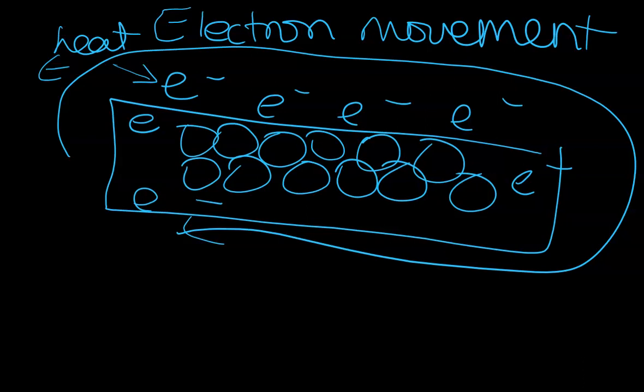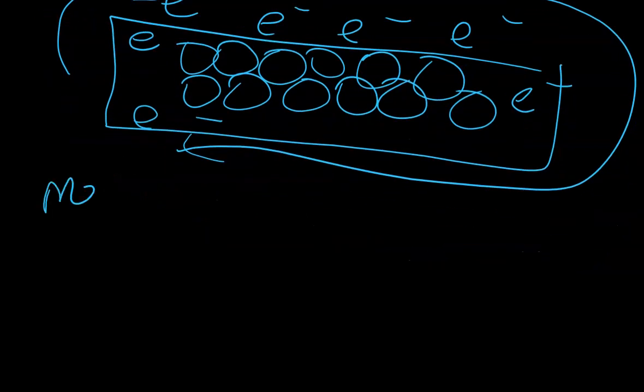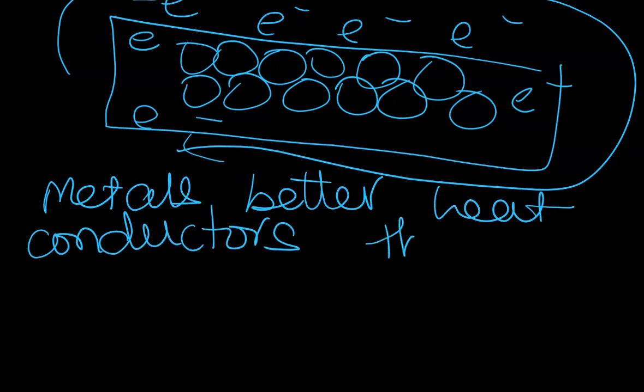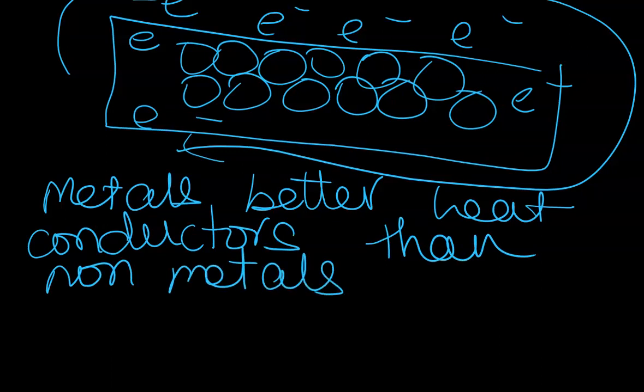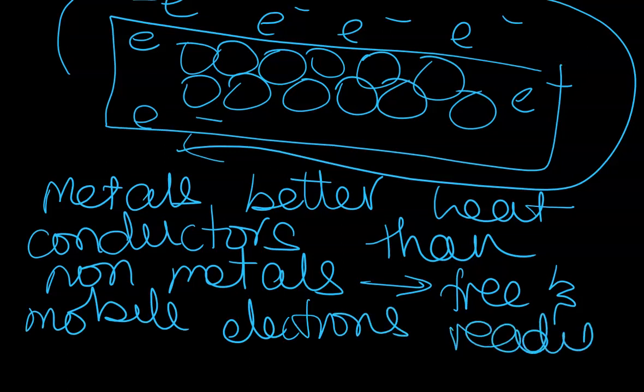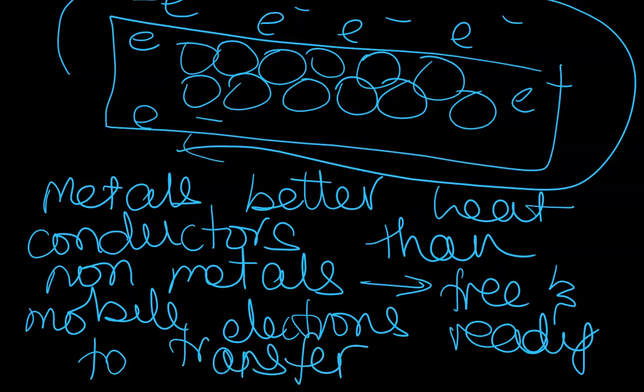And that is why we are talking now about metals being better heat conductors than non-metals. And that is primarily because free and mobile electrons are ready to transfer the energy because they are so free to move.